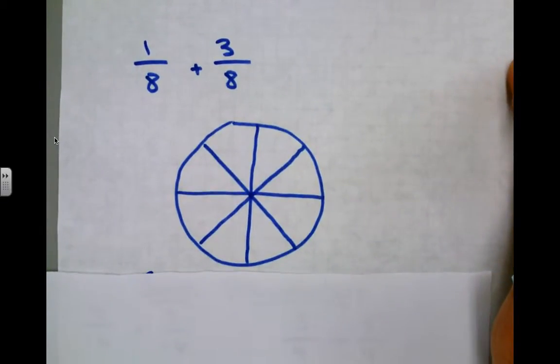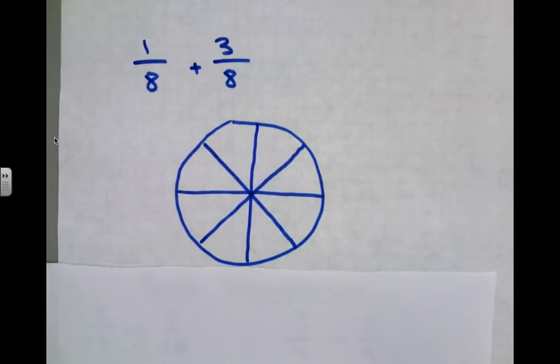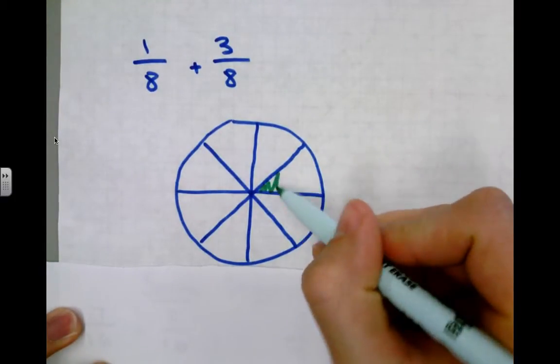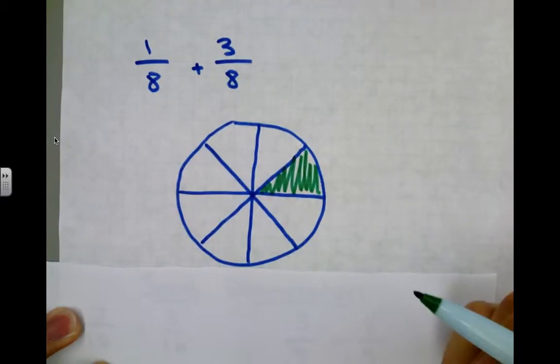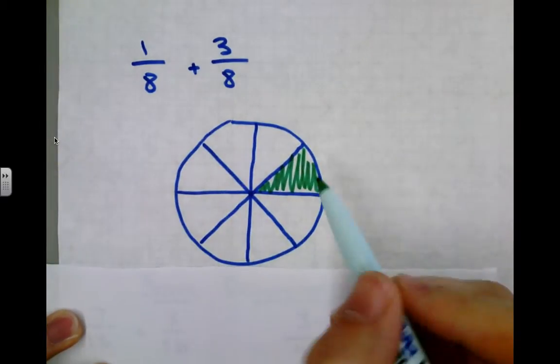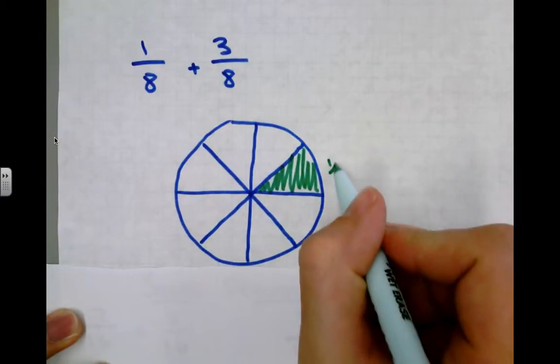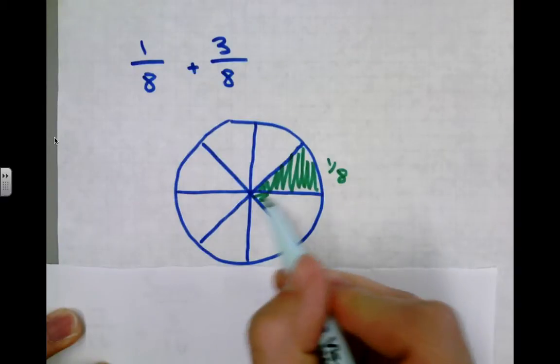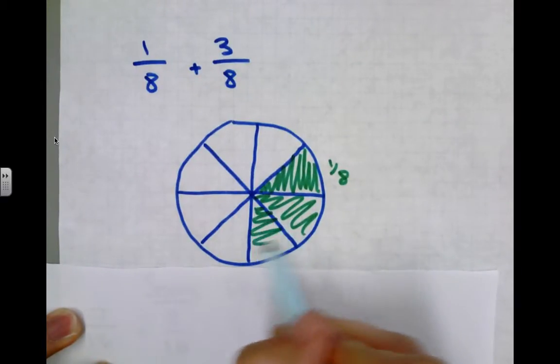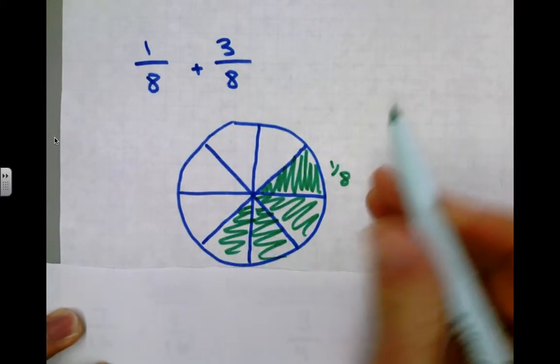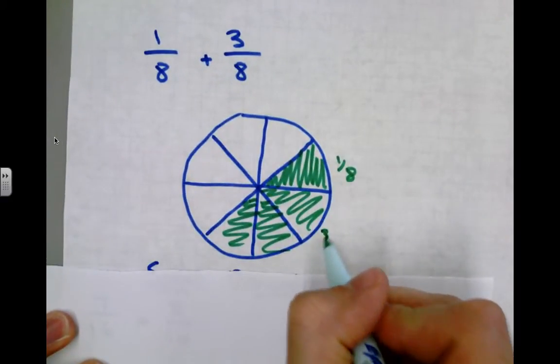If I think about a pizza pie, one slice of pizza would be this here. If I have 1 and I'm adding 3 more, so let's say we have our 1/8 here, and I'm going to add 1, 2, 3 more, those would be my 3/8.